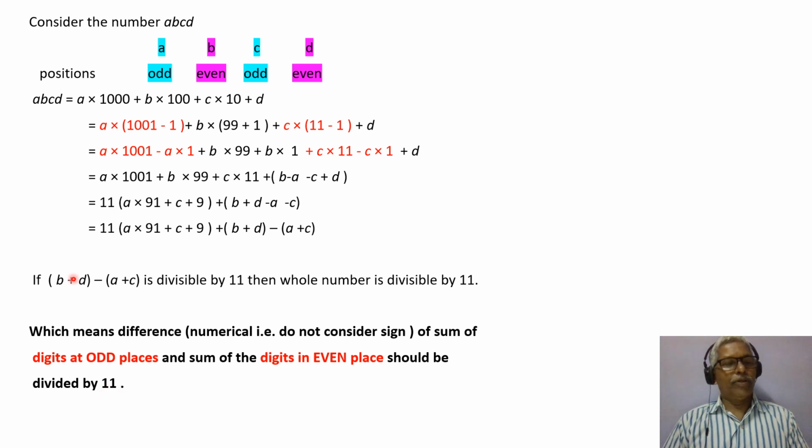Okay, it may so happen that this addition is bigger than this, still the rule holds good. That's why it's talking only about the difference, you can take it the other way around. Okay, so this is divisibility by 11, and try to solve some problems on this, try to have enough practice.